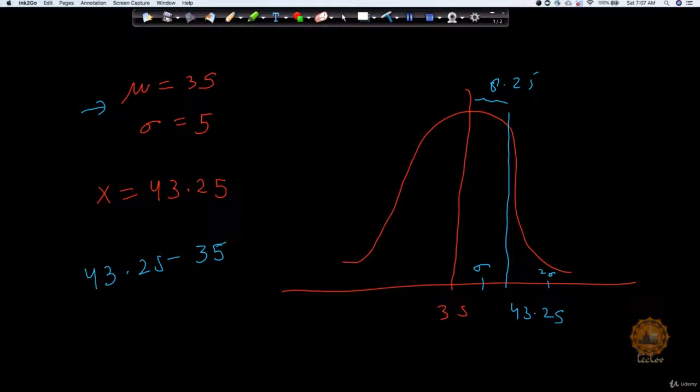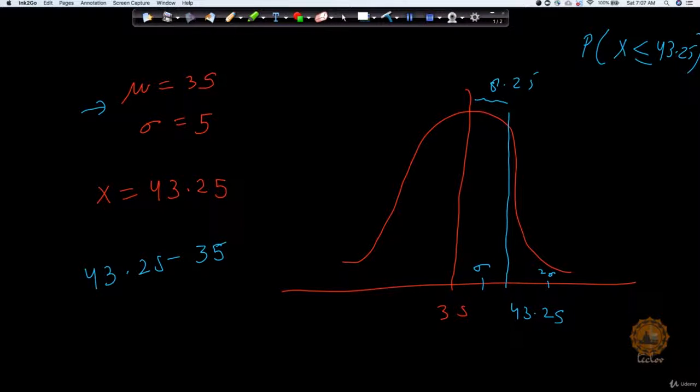Now, if there is any person X with a value of 43.25, which is the commute time of a person, we want to find out the probability that the commute time for an employee is going to be less than or equal to 43.25. How can we get that?